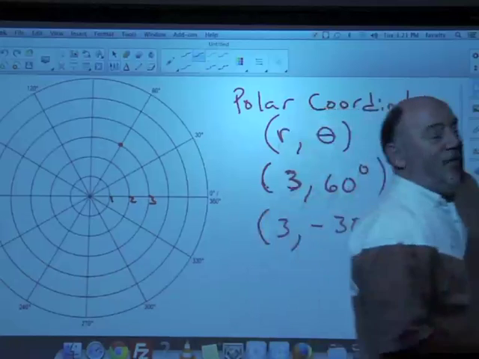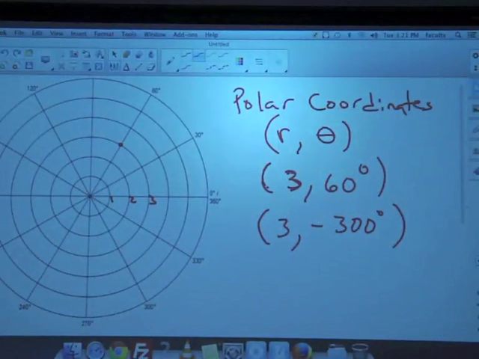So that is one thing different about polar coordinates and rectangular coordinates. Rectangular coordinates, you can only do one way. Polar coordinates, I can do multiple ways.